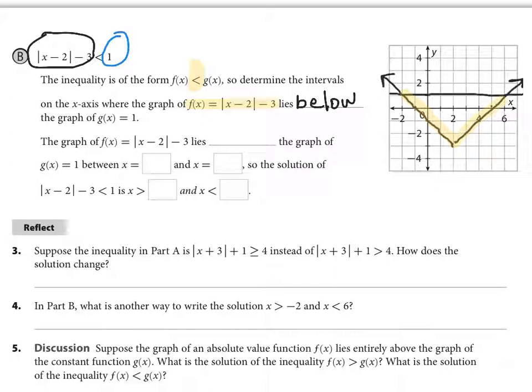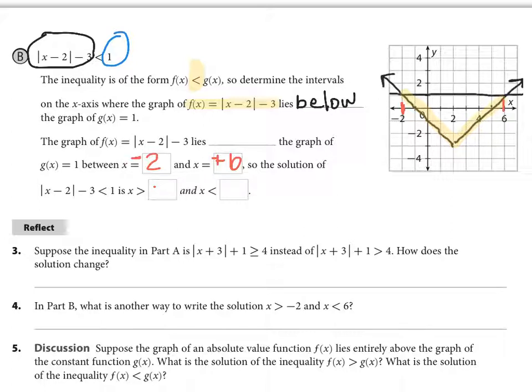The x values that correspond are from -2 to 6. However, we're not going to include -2 and 6, but those are the endpoints. So we're going to write the inequality where x is greater than, sorry, this should be -2 here and 6.